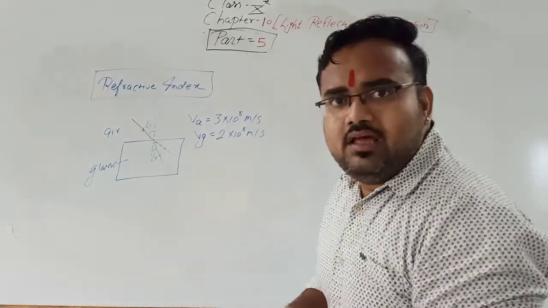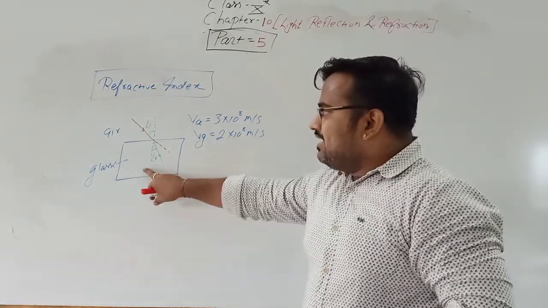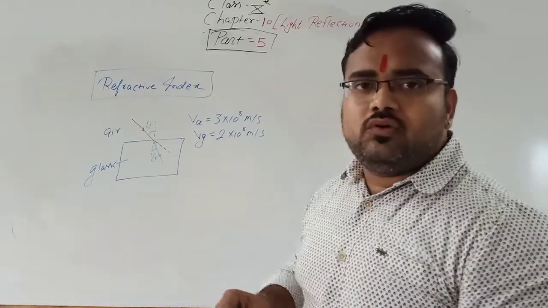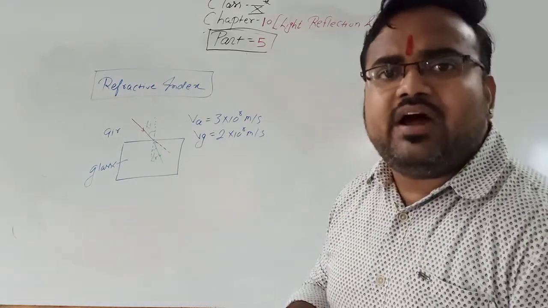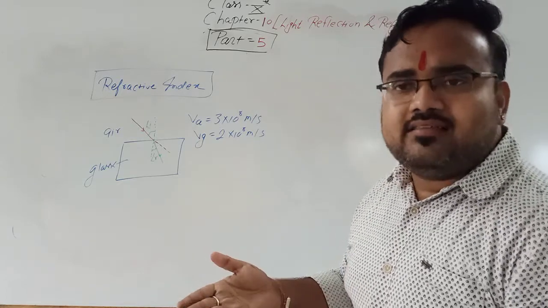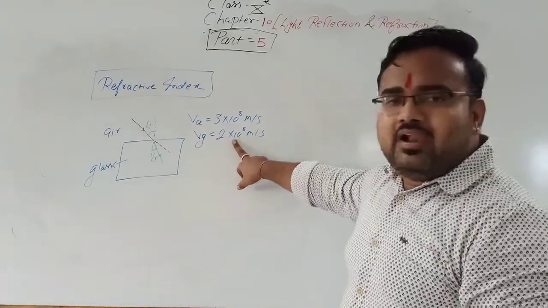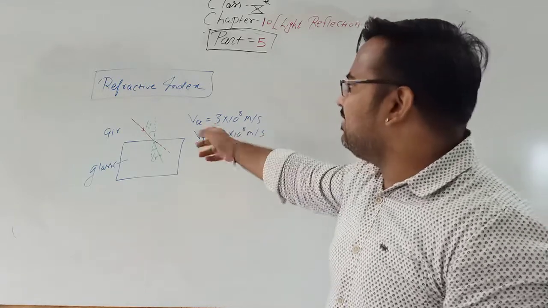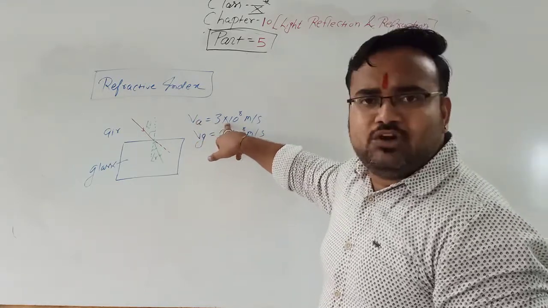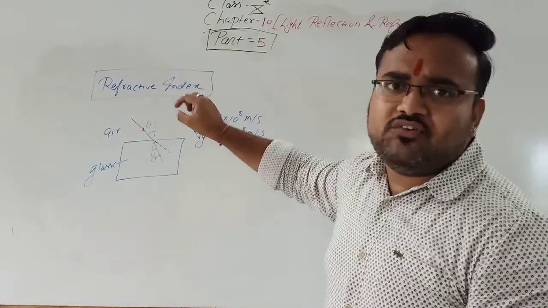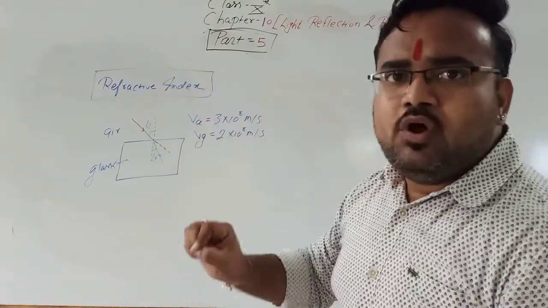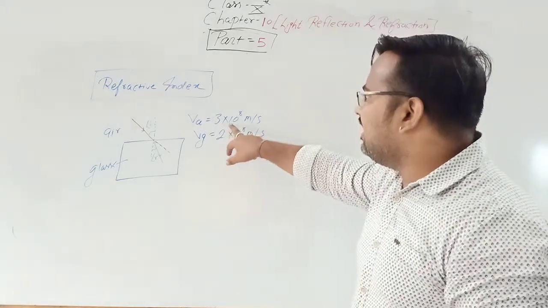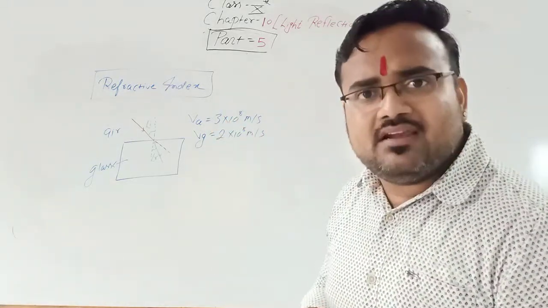Now if I increase the size of the glass and also the density of the glass, if I take a more dense glass, then what would be the velocity of light in that glass? Clear? Now see, suppose this is the fixed quantity: the speed of light in vacuum or air is 3 into 10 raised to 8 meter per second.